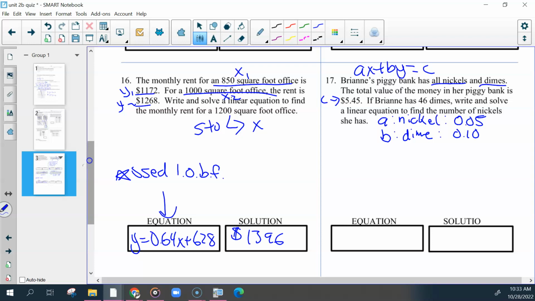And then your x and y just have to relate to A and B. So since A is nickels, x has to be related to nickels, so number of nickels is x. And then B is dimes, so 46 dimes has to be related to y.